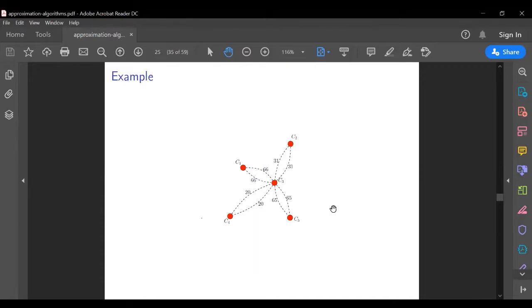Now in this I have to find an Eulerian cycle.